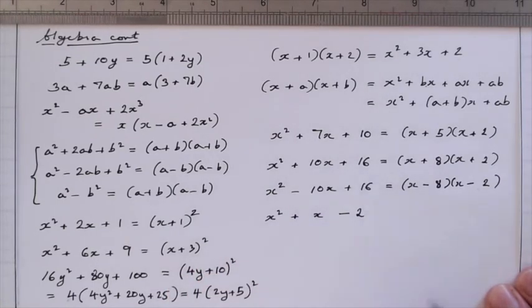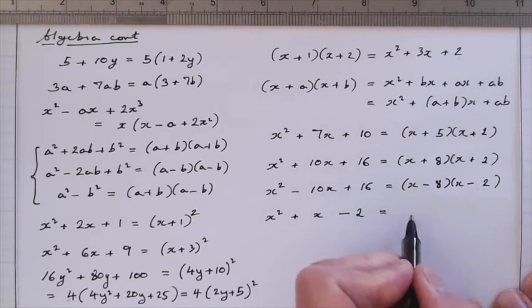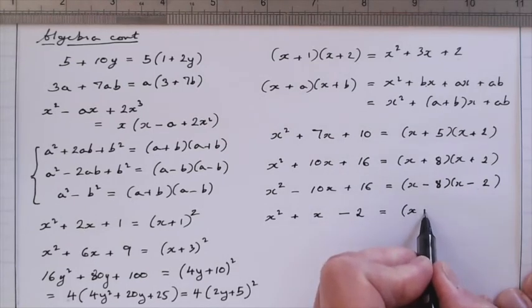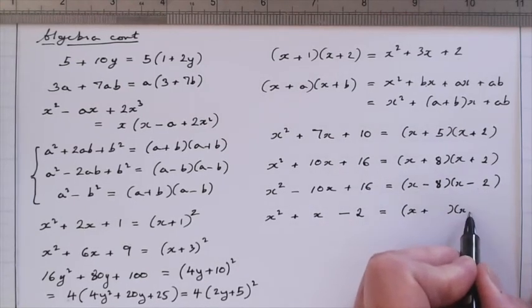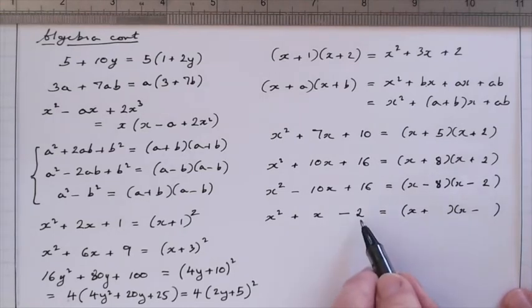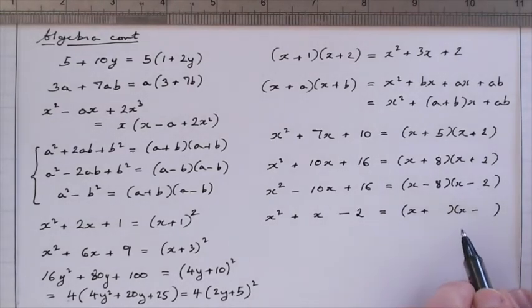Okay. If this last term is negative, it must be that one bracket has a plus and one bracket has a minus, because that's the only way you can have a final term here which is negative. You must be multiplying a positive times a negative.